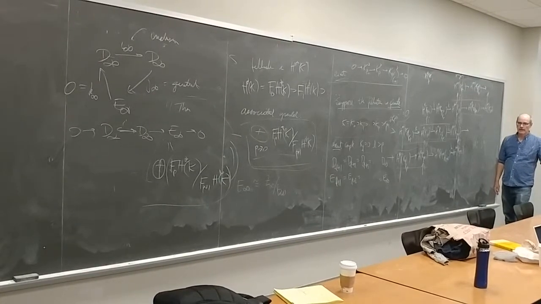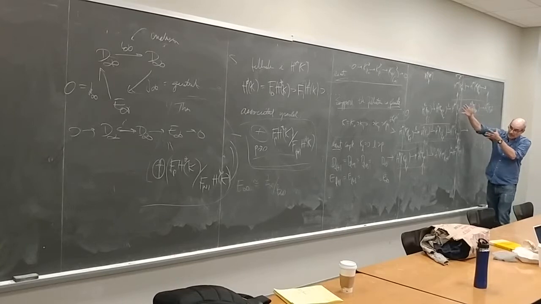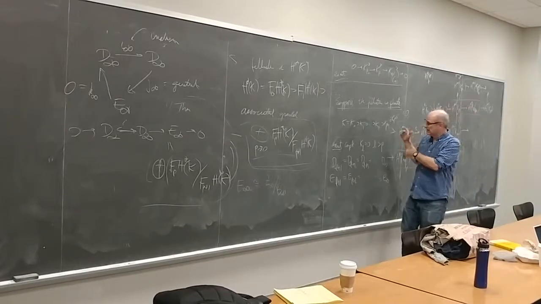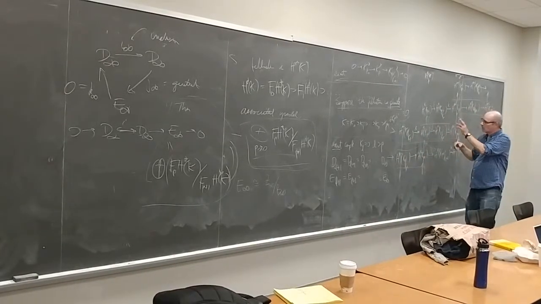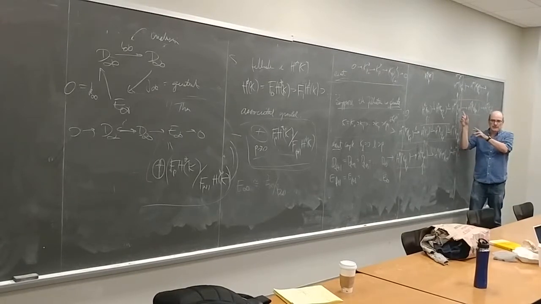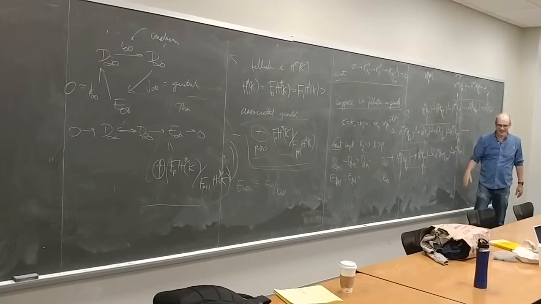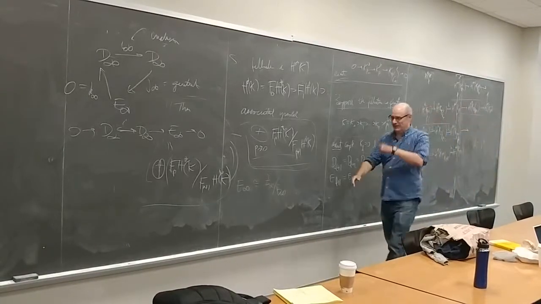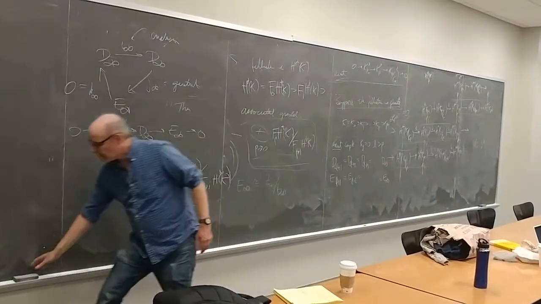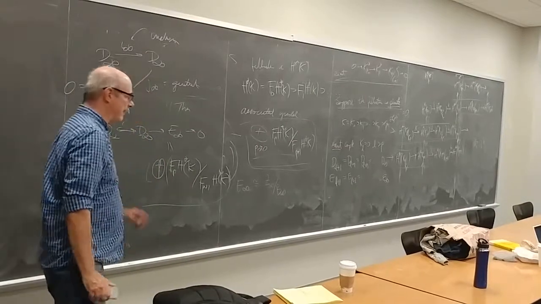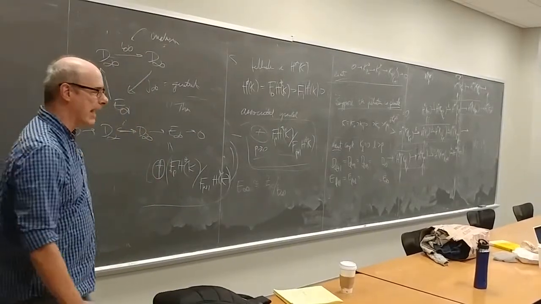But I want to emphasize that this heuristic, non-well-defined, intuitive diagram chasing with the finger can actually be used to compute things. You can actually compute a differential with this. All right, does that sound okay?